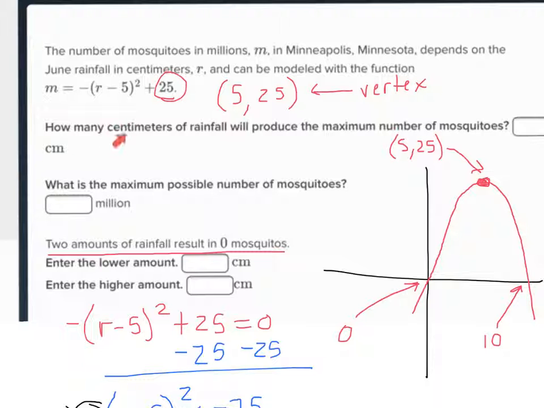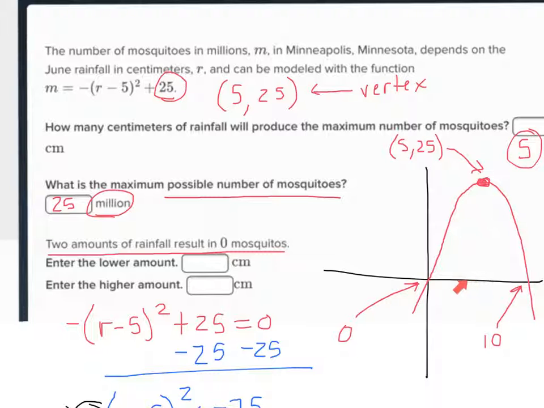And so they want to know how many centimeters of rainfall will give us the max number of mosquitoes. Well, 5 inches of rain will give us the maximum number of mosquitoes, which is how many? 25 million mosquitoes. So well, here's what we're saying. We're saying when there are 5 inches of rain, which is right here, then we'll have 25 million mosquitoes.